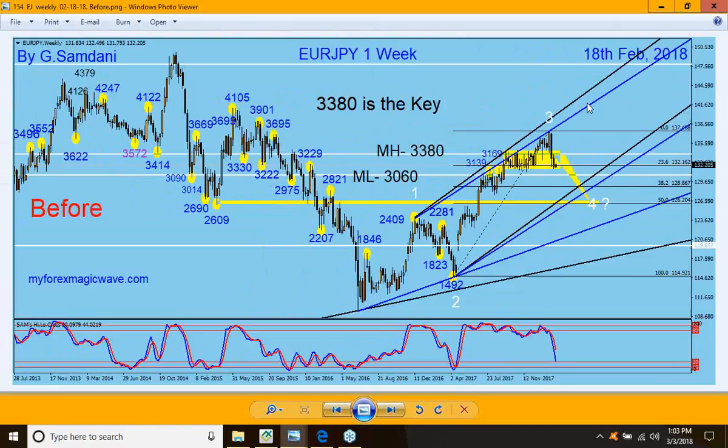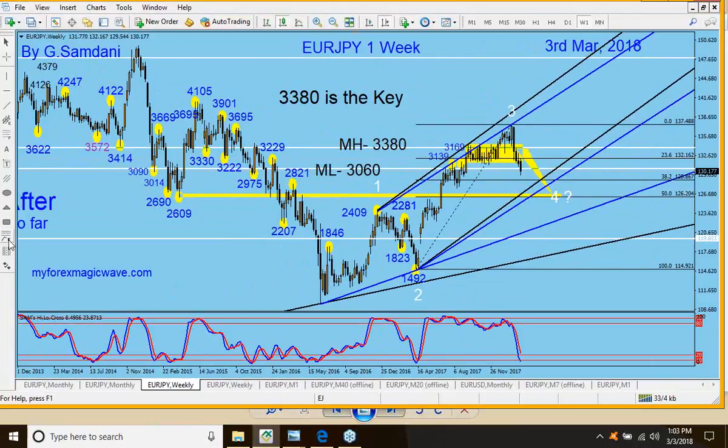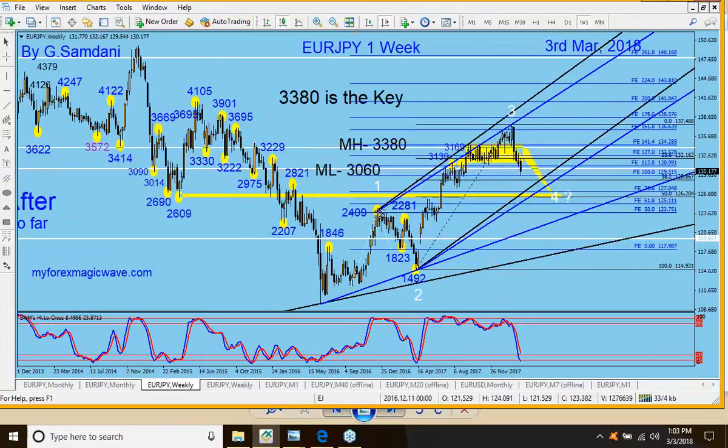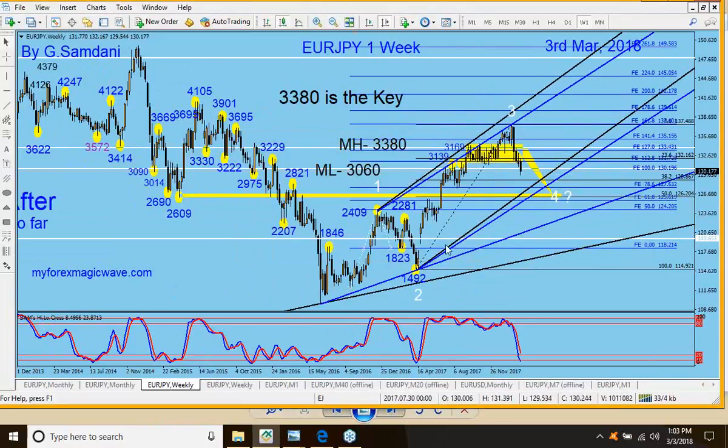See, this was the chart I made on 18th February. According to the Elliott wave calculation, this was 1, 2, 3, and now we need to come down for wave 4. Wave 3 is usually 1.618 of wave 1, and the way to measure it is this tool, to see how far wave 1 is supposed to go. Let's take it from here and see how far it is.